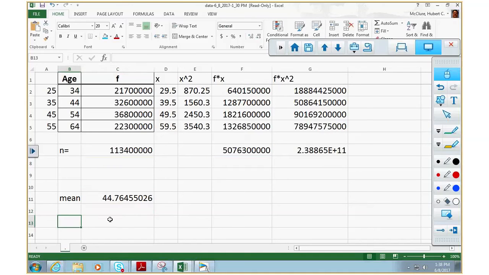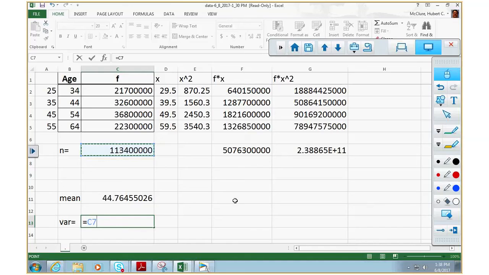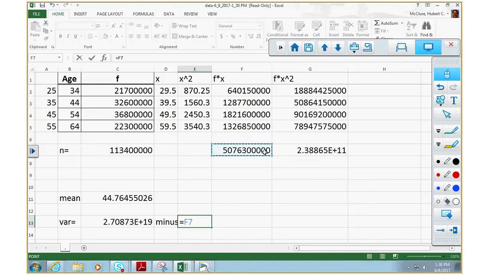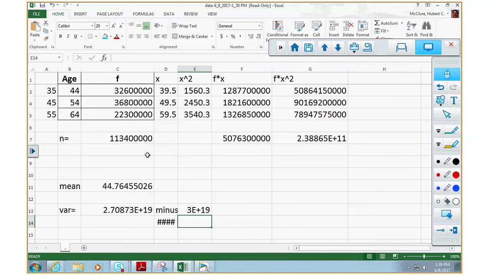And then the variance is equal to N times the summation of F times X squared, minus, I'm skipping some steps, this quantity squared, over N is this, and N minus 1 is equal to this minus 1.